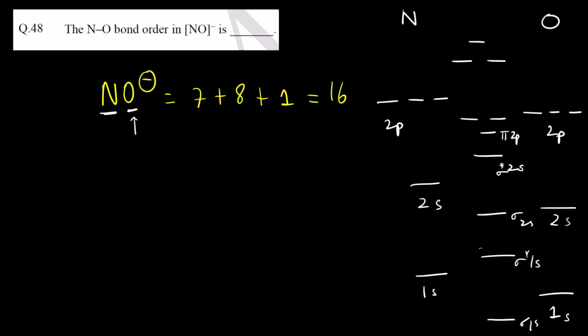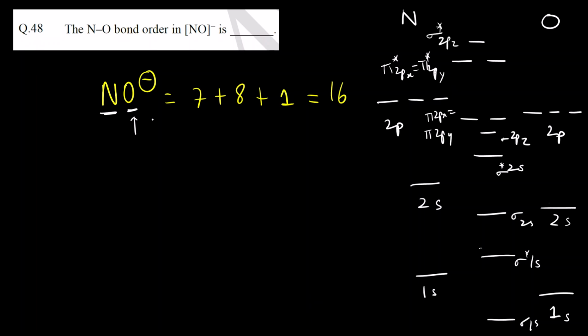This is sigma 2pz. This will be pi 2px equal to pi 2py. This will be pi star 2px equal to pi star 2py. These are anti-bonding. And this will be sigma star 2pz.